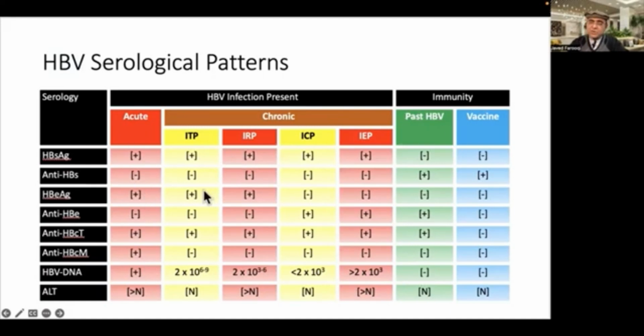We will come to the serological patterns later on, but the point is that if this is acute hepatitis B, then this will be the typical serological test: the IgM and the total are positive, the PCR is positive, and of course the HBs antigen is positive. But this is when the patient is prior to the window period.